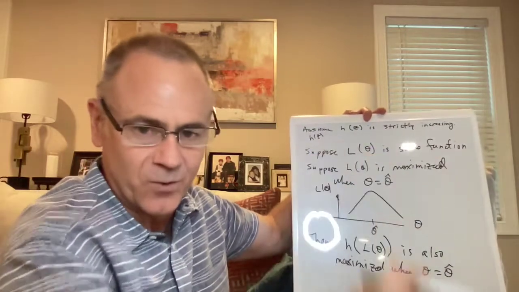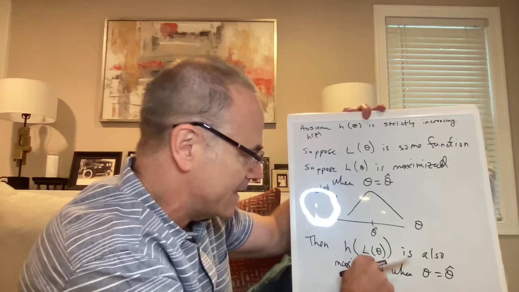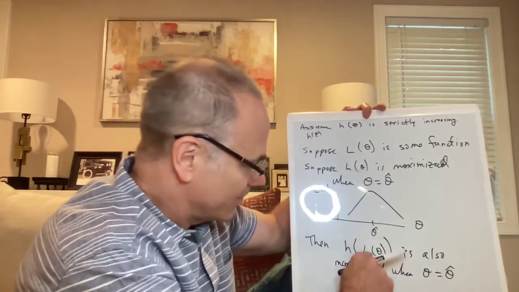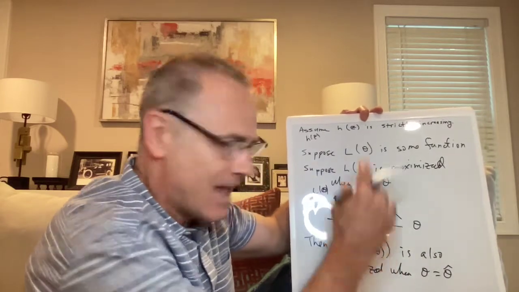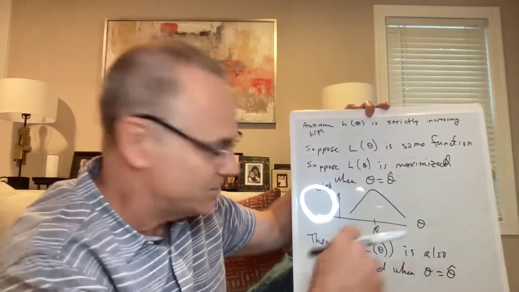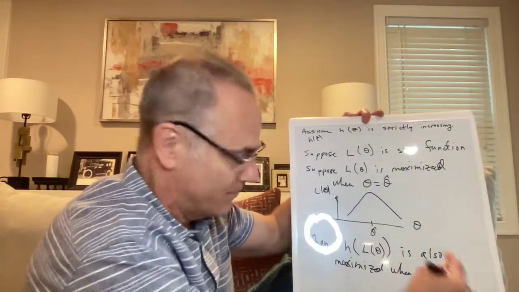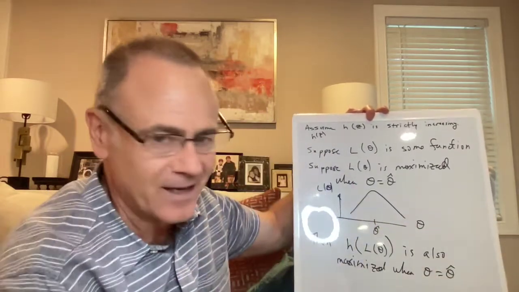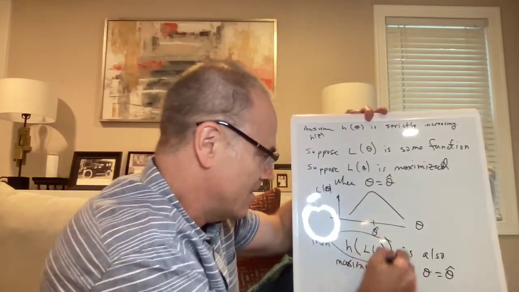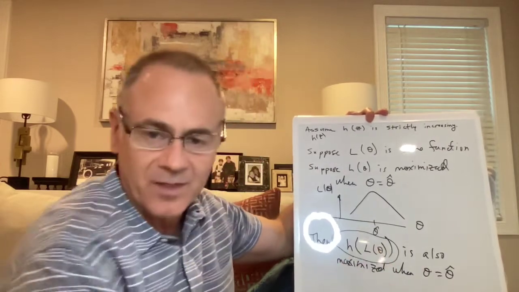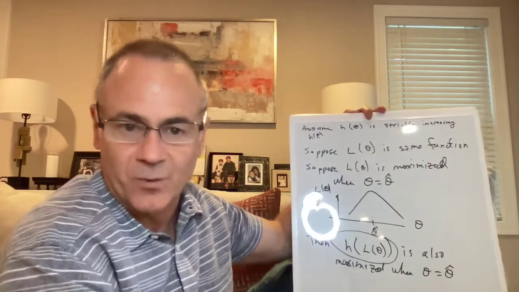So if theta hat is the maximum of all the possible L of thetas, then let's think of all the possible values of h of L of theta. Here again, this thing is also going to be maximized when theta equals theta hat, just because h preserves order.